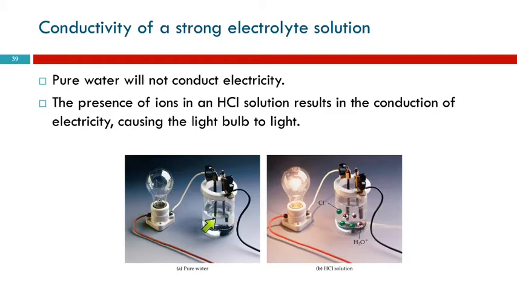But they're not touching, and the pure water does not conduct electricity, so nothing happens with the light bulb. If you add HCl to this water, it ionizes and forms chloride ions and hydronium ions that can carry the electric current, and the light bulb lights up. A strong acid is a strong electrolyte. It makes the light bulb glow strongly.